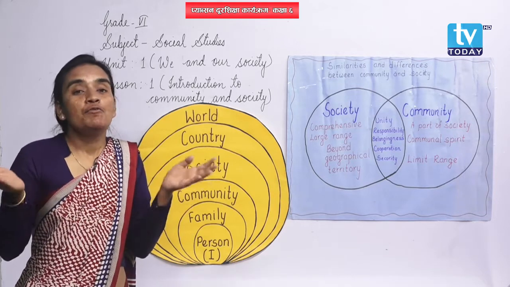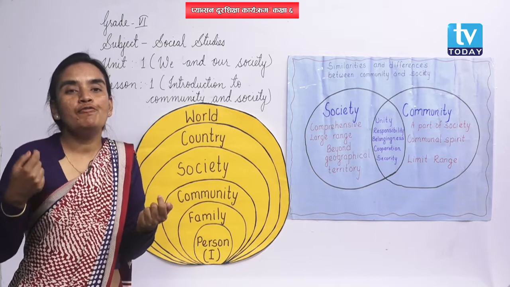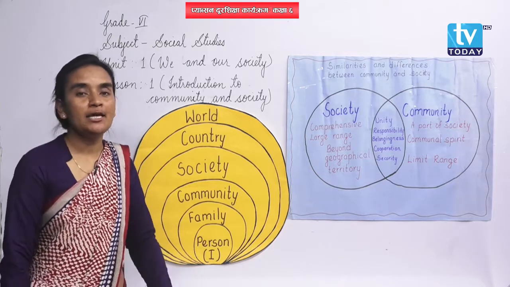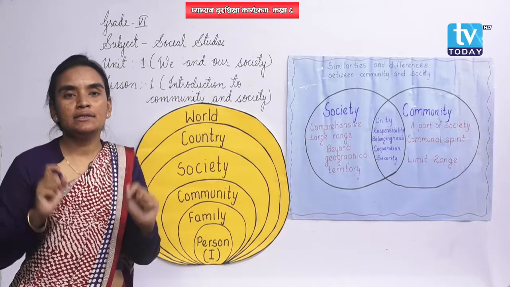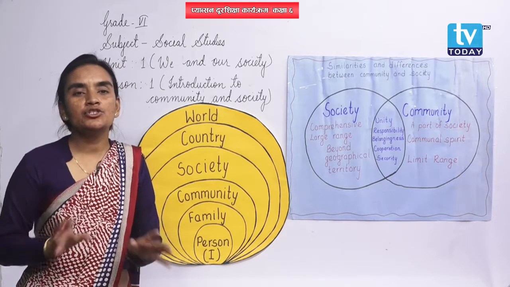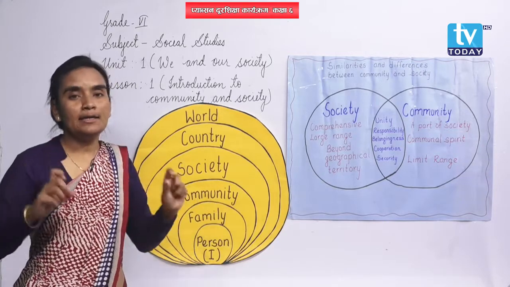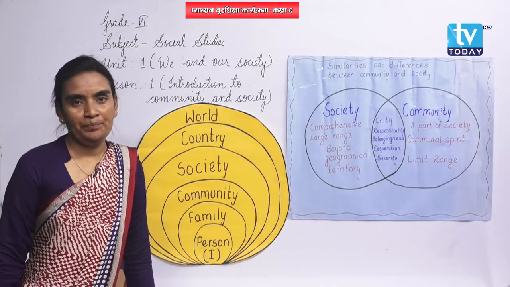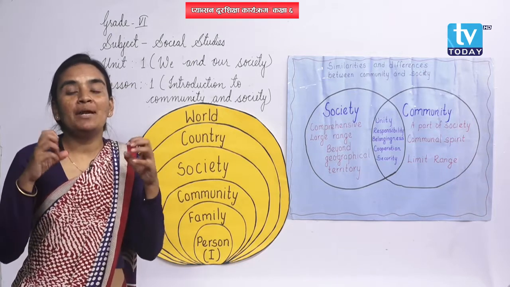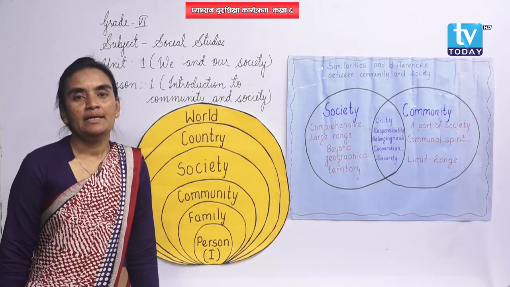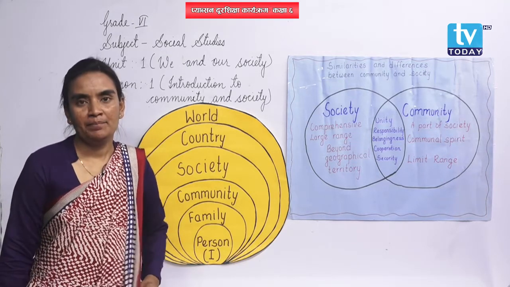But it's very beneficial for an individual or a single family to fulfill their needs and desires, and so many things can be done if they are in a community. Community helps to develop belongingness. It creates cooperation among the people.